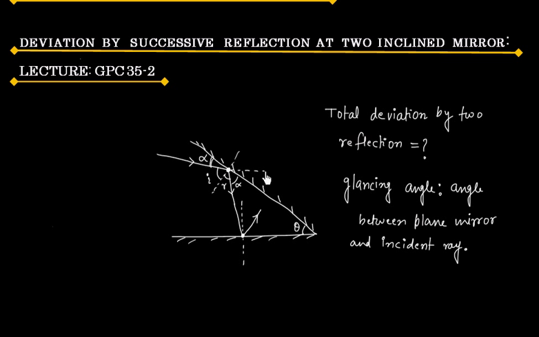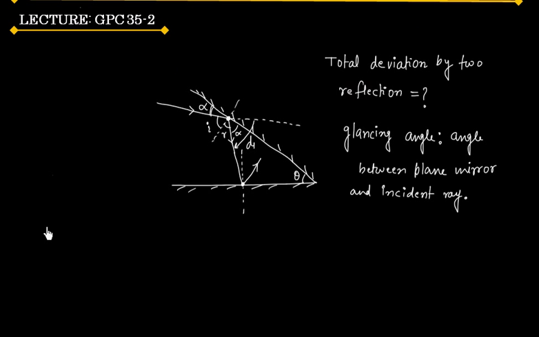This is the incident direction of the ray. What is the deviation? This is the deviation of the ray. Basically the ray wants to go in this direction, but it has been bent in this direction. Let us call this deviation d1. So we can find the deviation by the first mirror. Let us call this mirror OX, this is mirror OY.